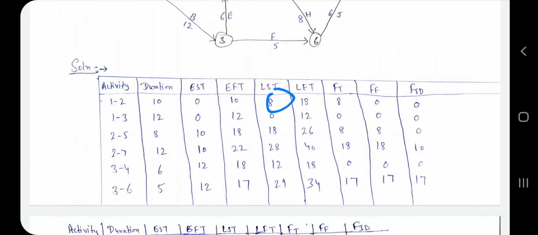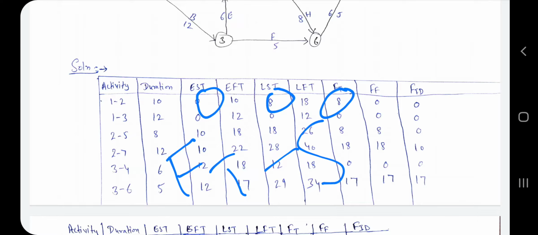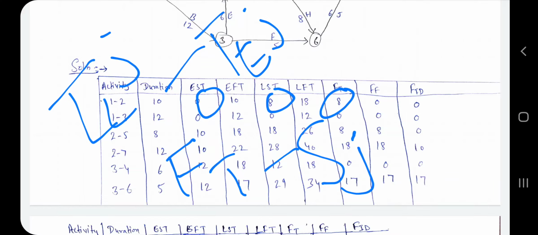Now we have to find the free float. We have one formula, which I discussed in our previous lecture, that is FF equals FT minus SJ, and you know that SJ is nothing but TLJ minus TEJ.